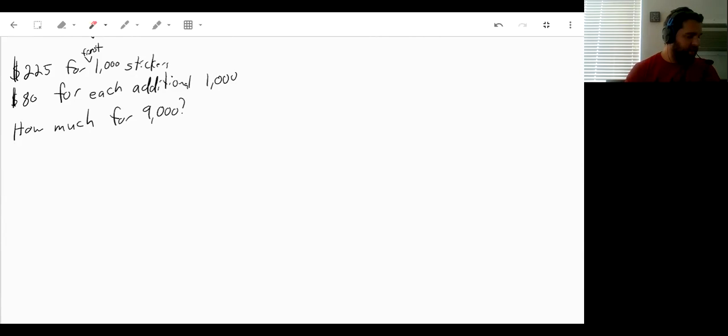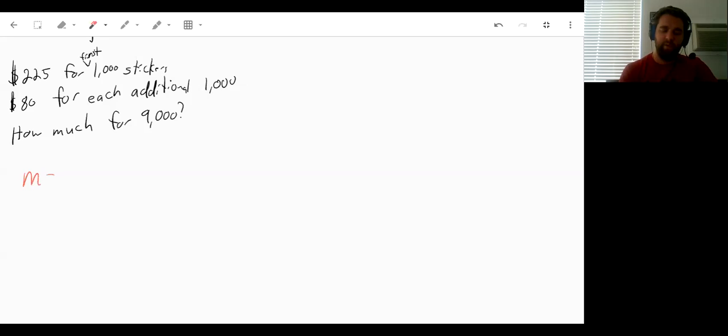Well, the first thing I would notice is that it costs a consistent $80 for each additional 1,000 stickers we get. So, in other words, that's our slope. The amount that it changes by each time we change is $80. The other thing I'll notice is we have a starting point. And our starting point is that for our first 1,000 stickers, it's going to cost $225.